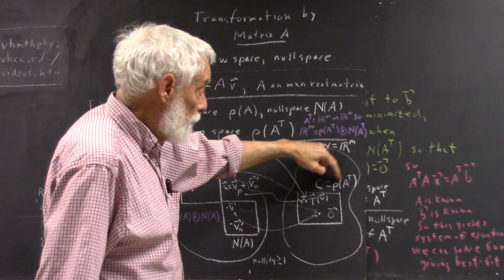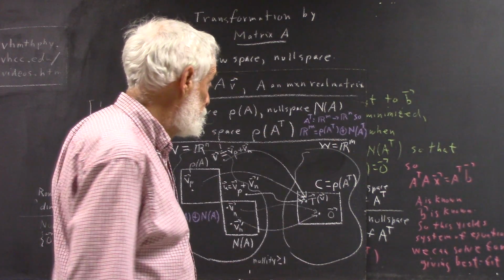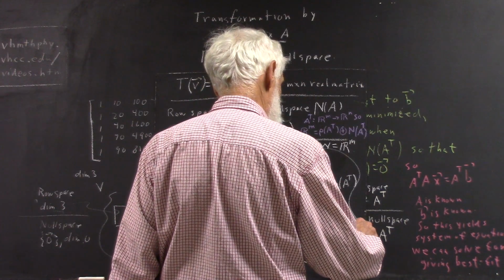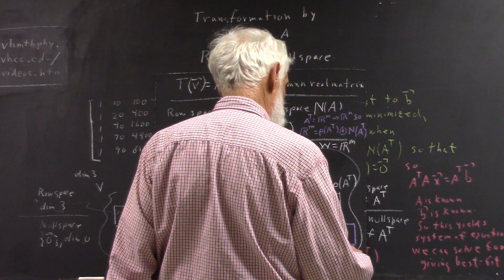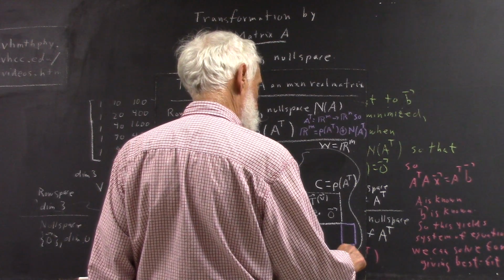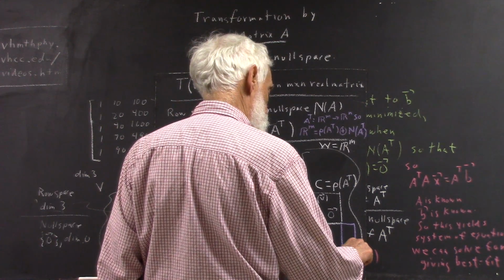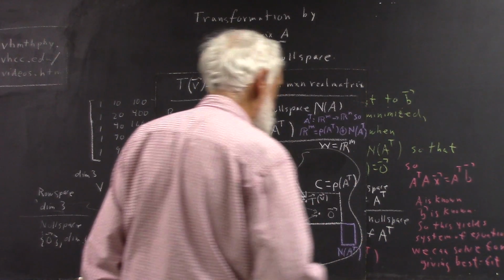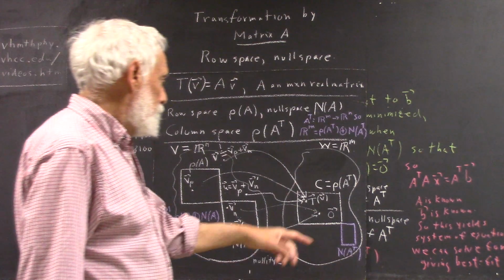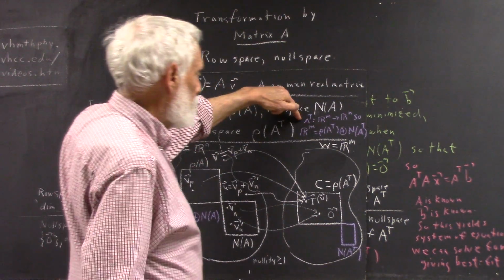It's got a row space, and it's got a null space. Didn't leave myself much room to write my null space, but here's the null space of A transpose.